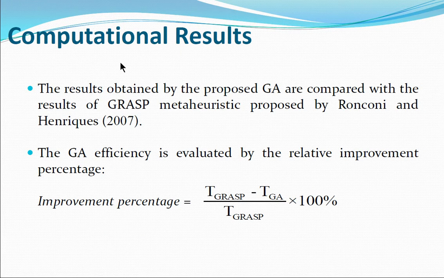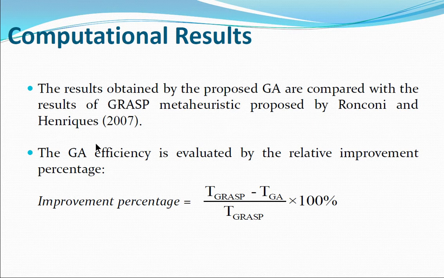And the results obtained by this proposed GA are compared with the results of the GRASP meta-heuristic proposed by Ronconi and Enriquez. This meta-heuristic is very famous and important in this kind of problem, and it has one of the best results for minimizing the total tardiness value.